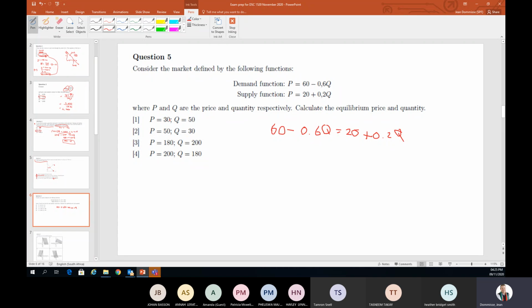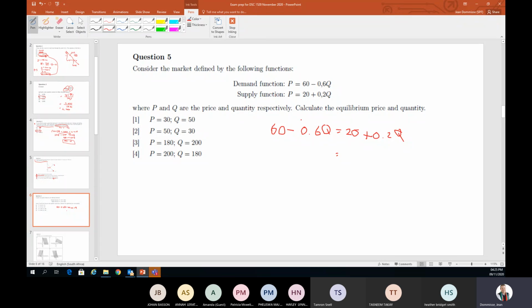So nothing that I automatically can say won't be the answer. But what is nice with these ones is if we calculate the Q now, none of the Q's are similar. So then we have our answer. We don't even need to calculate the P value.